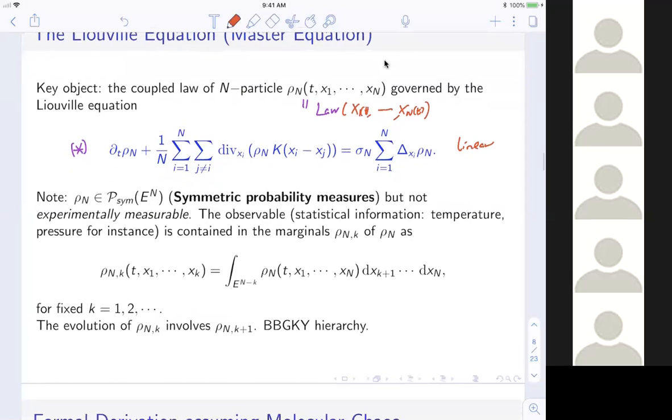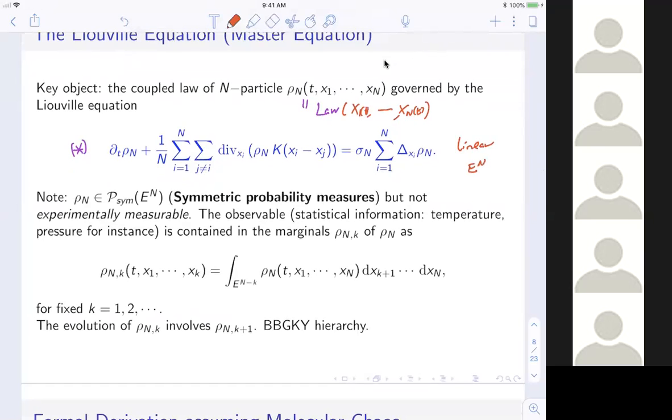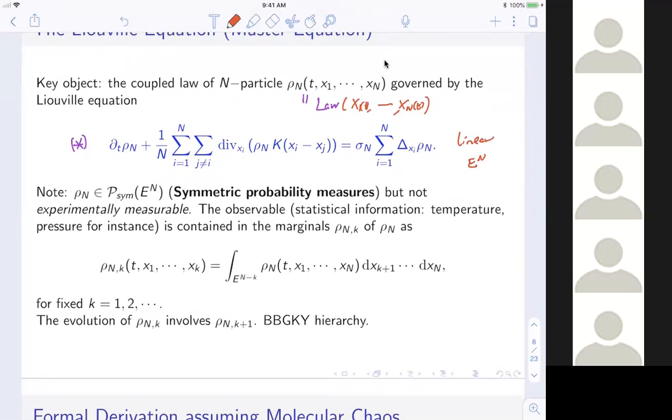ρn is linear, but it is a density function in very high dimension. This is not a physical observable. Real physical observables, like temperature and pressure, can be computed using marginals, right? So what is the k-marginal? It just integrates from xk+1 to xn.